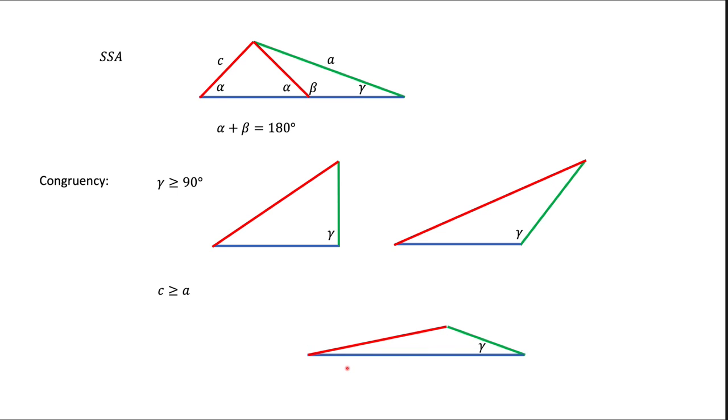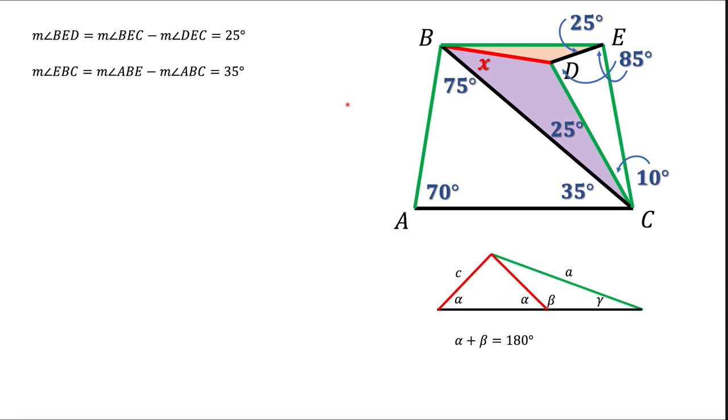Because if you try to put it in some other way, we'll have to go here, and that's not really the triangle we're dealing with. Now let's go back to our problem. In that situation, we really have the first case, when we have two triangles.